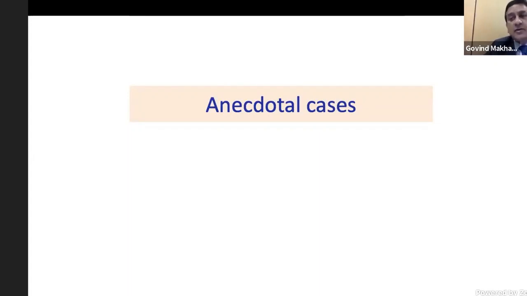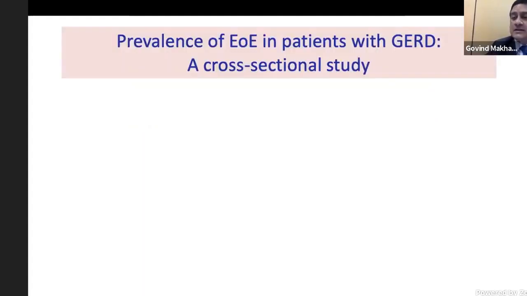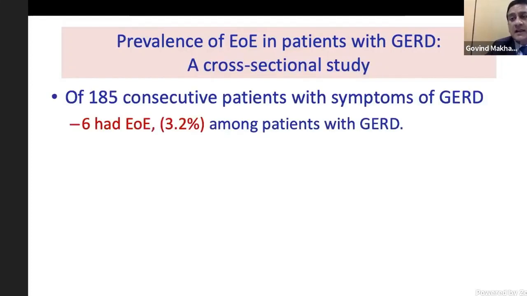But again, we don't have much published data on this entity. Therefore, we were interested to know whether we really have this disease entity in our population. So what we did was look at patients with GERD and screen them for eosinophilic esophagitis.